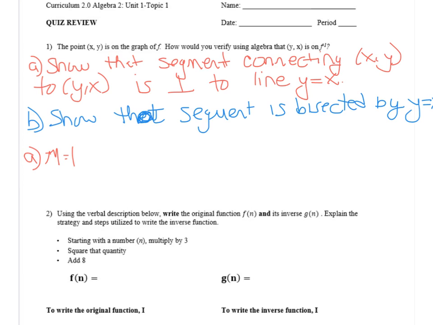So now if I find the slope between the 2 points, I want that to be -1, or the negative reciprocal. So we're going to take this point and find the slope. I'll call this one x1 and y1, and this one x2 and y2. So that is y2 minus y1 divided by x2 minus x1.